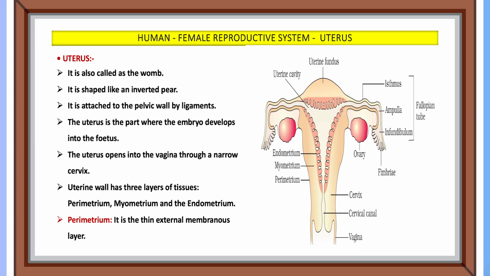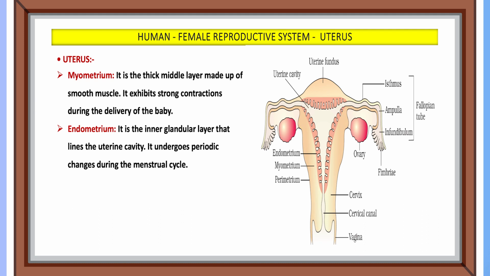The uterine wall has 3 layers. It is the outer perimetrium, the middle myometrium, and the inner endometrium. The perimetrium is the thin membranous external layer. The myometrium is the middle one. It is thick, a layer made up of smooth muscles.